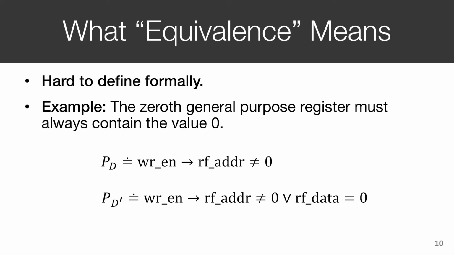The second property states that writes are enabled only when the general purpose register 0 is not the target of the write, or when the value being written is 0. And the second design does not satisfy the first property, and an effort to verify the property will fail. However, the underlying policy we care about here is held.